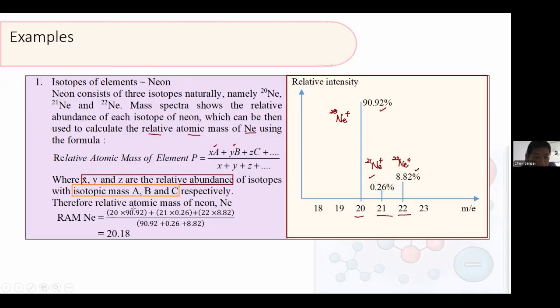So in this case, you shall have 20 times 90.92 plus 21 times 0.26 plus 22 times 8.82 divided by 90.92 plus 0.26 plus 8.82, which then equals 20.18. So this is how we calculate the relative atomic mass of an element by using the relative isotopic mass and relative abundance.